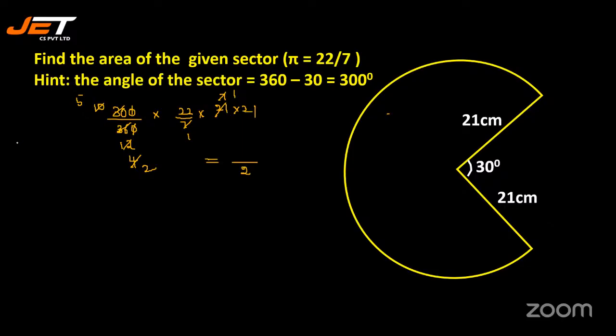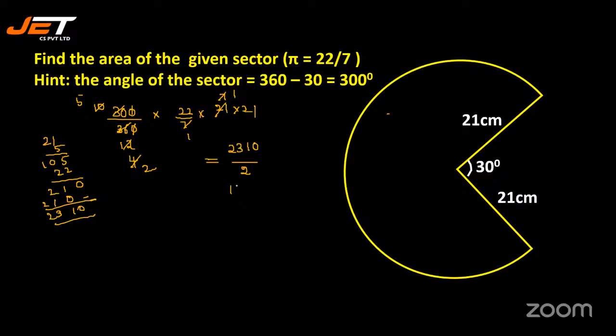So 21 into 5, 105 into 22. 5 twos are 10. So 2310. Oh yes, this two and this two could have got cancelled.